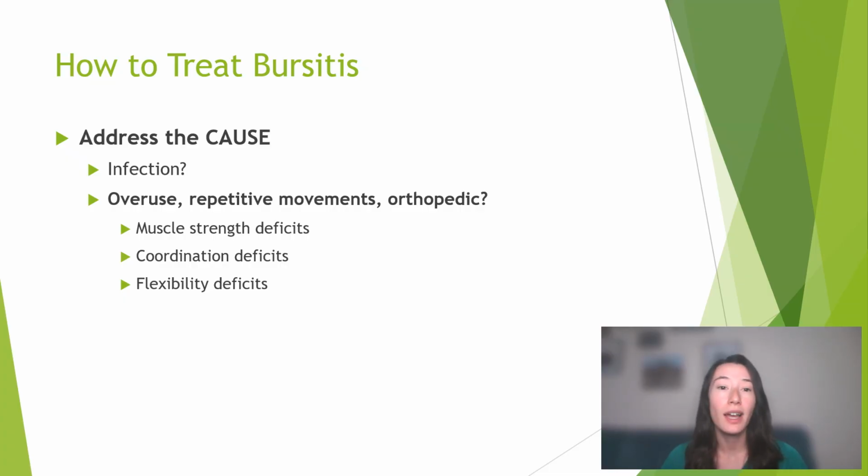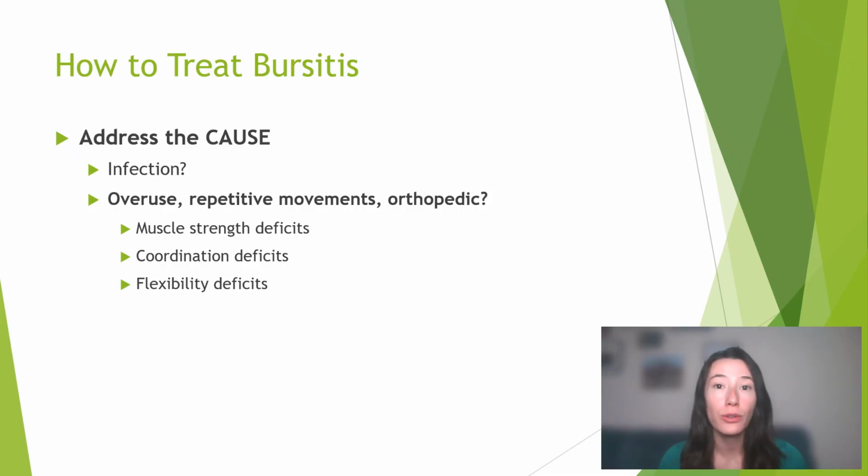So I mentioned this before. A bursa is not a structure in your body that you can control directly. I cannot just tell my bursa to contract. It's not something like a muscle. So the only thing that I can do to not only treat bursitis, but also prevent bursitis from happening is by addressing the cause of it. And what I mean is not so much for you to stop playing tennis, quit golfing, quit bowling. Instead, what we should be doing is taking a look at the surrounding muscles of that bursa.